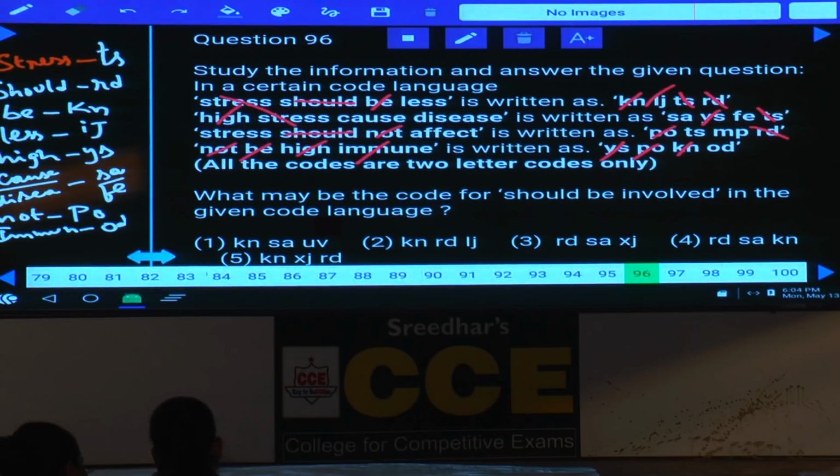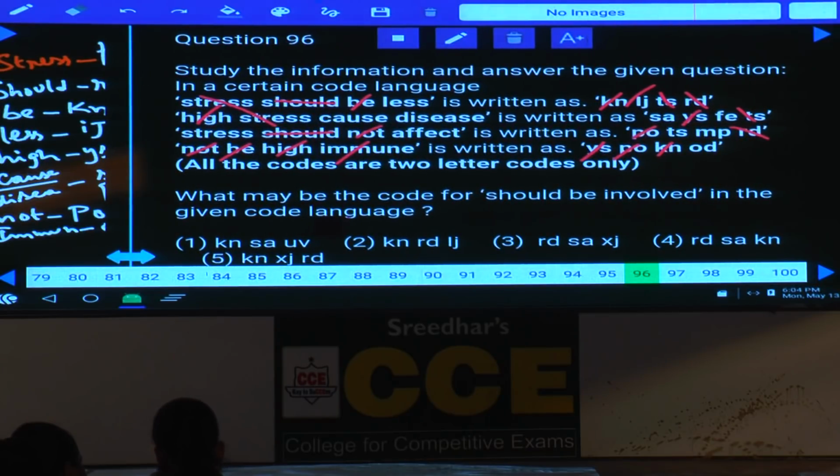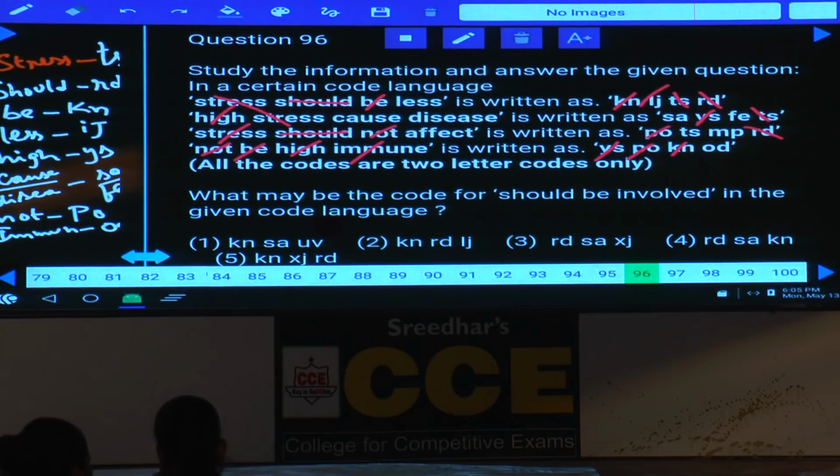The code to the word immune is OD. In the third one, stress and affect are the two words left over. Stress is already done; it is TS. Then what is left over is affect, and affect is MP. Now these are the words and their corresponding codes.